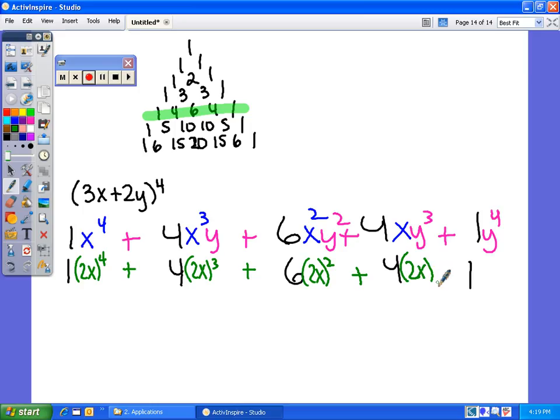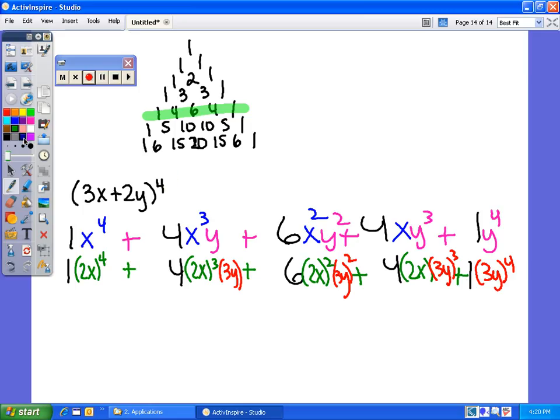And now I'm going to have 3y. Well, this will stay the same, but 3y will start off here. And then we have 3y squared. And then 3y cubed. And then we end with 3y to the fourth. Notice that my powers are on the outside of my bracket, just like they're on the outside here.